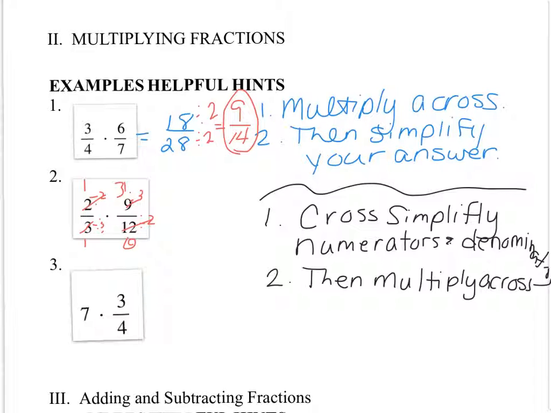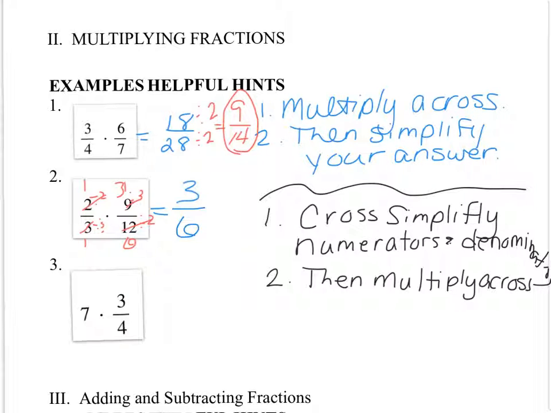Now I can multiply across with my new numbers. 1 times 3 is 3. And 1 times 6, excuse me, is 6.